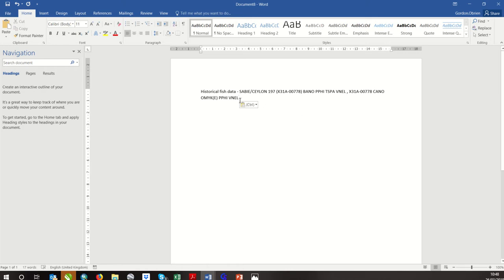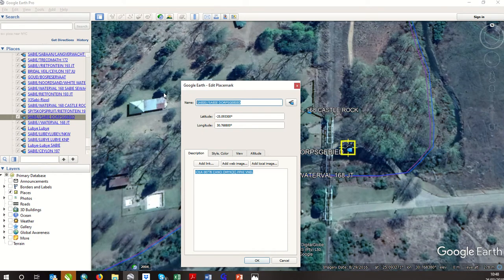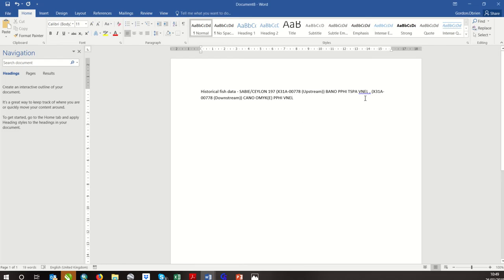Okay, and you can see that the reach code is very similar, and I'll say this is upstream, and this is going to be downstream. This is just historical data to say that they've been sampling here before and they've collected this data. That's all.